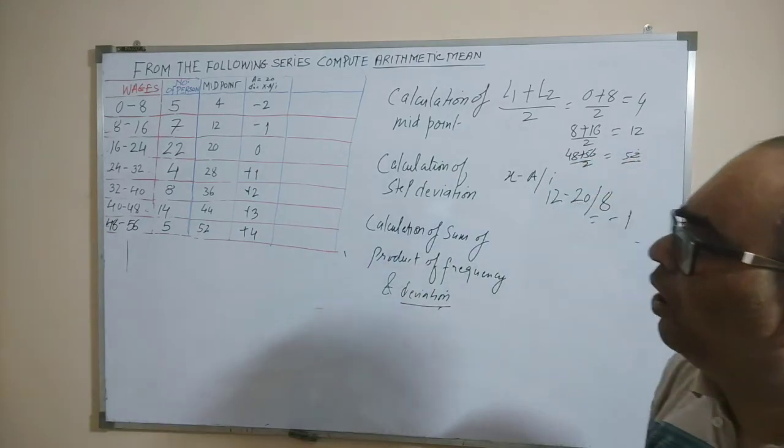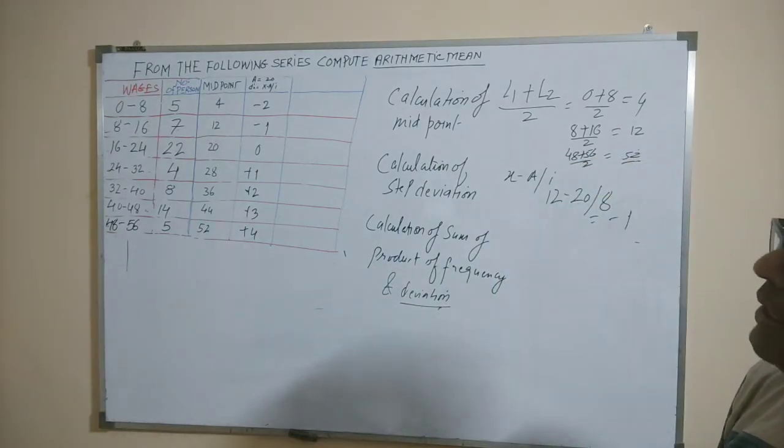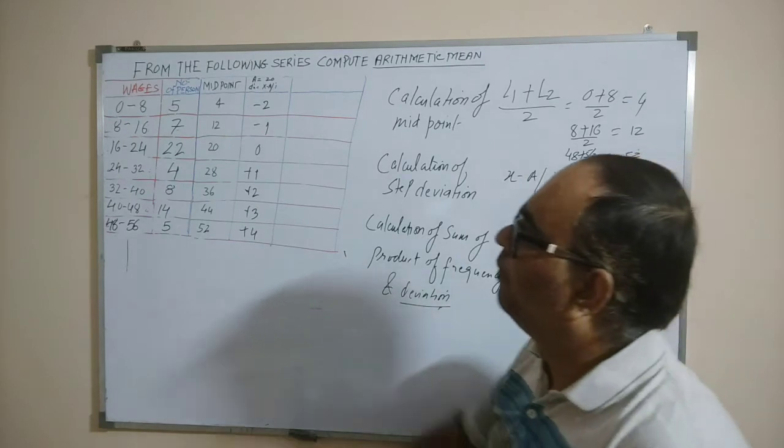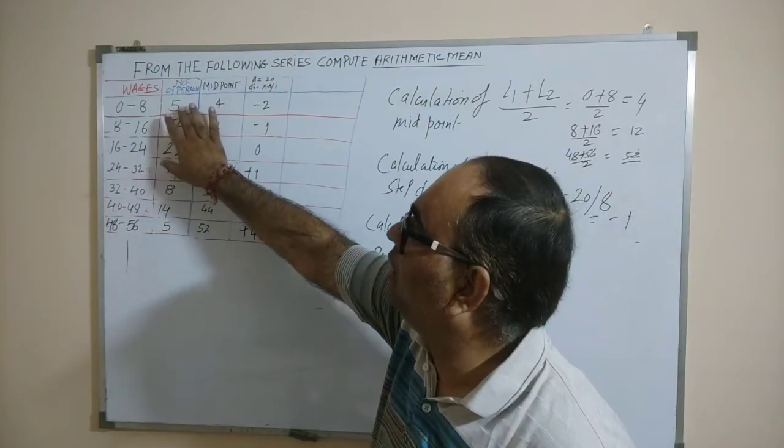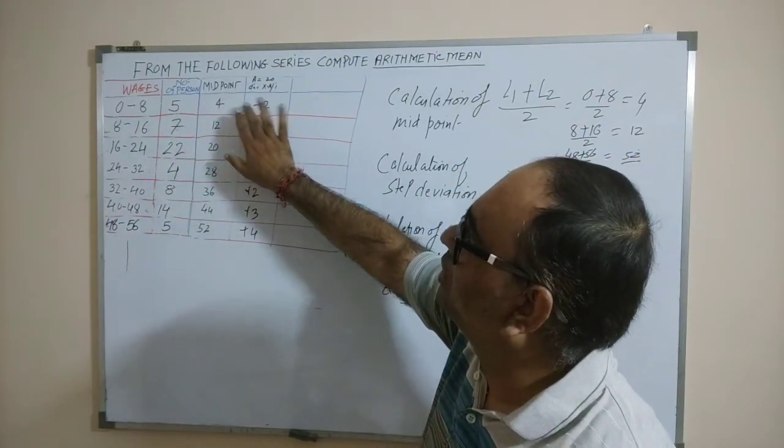After calculating all the step deviations, the next step is to multiply the frequency with the deviation.